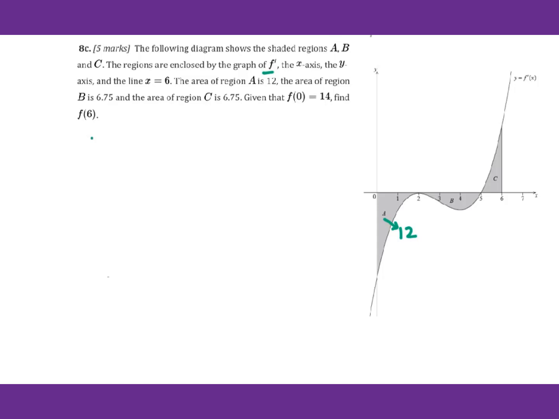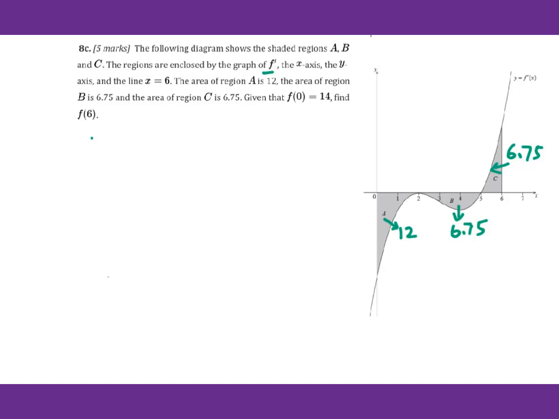The area of region B equals 6.75. And the area of region C is 6.75. Given that f of 0 equals 14, find f of 6.